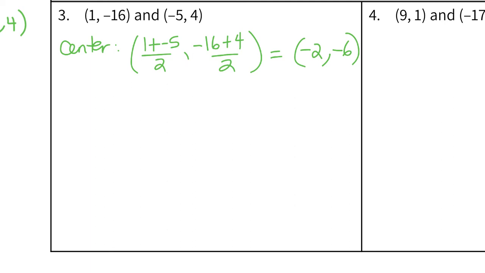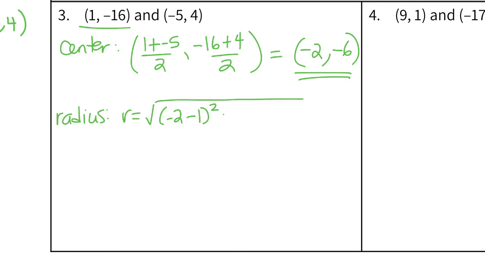Now I want to find the radius. So r equals the distance between the center, which we just found, and one of the points. It doesn't matter which point you pick. I'm just going to pick the first one, (1, -16). So let's do (-2 minus 1) squared plus (-6 minus -16) squared.